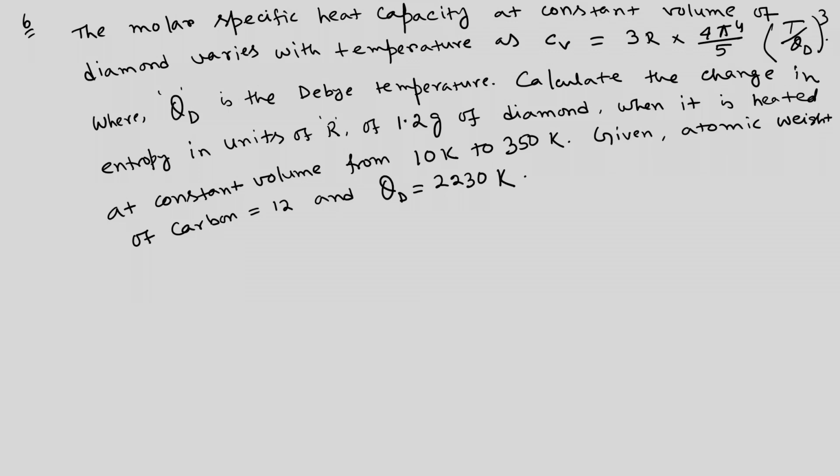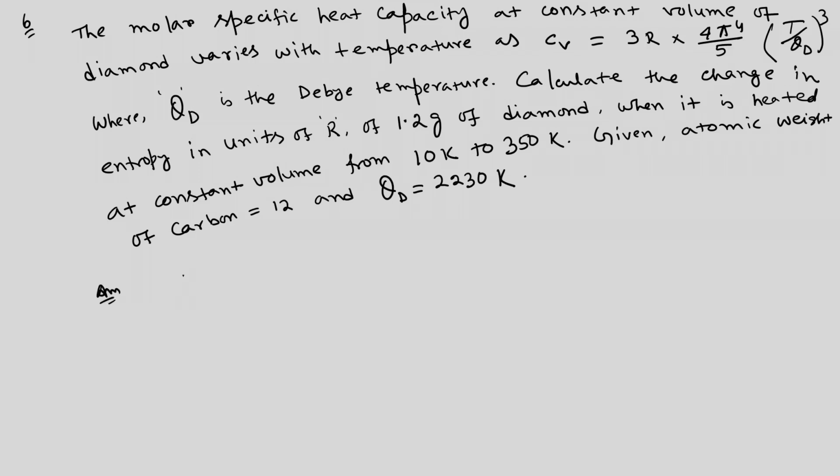Calculate the change in entropy in units of R of 1.2 gram of diamond when it is heated at constant volume from 10 Kelvin to 350 Kelvin, given atomic weight of carbon is 12 and theta d is 2230 Kelvin.